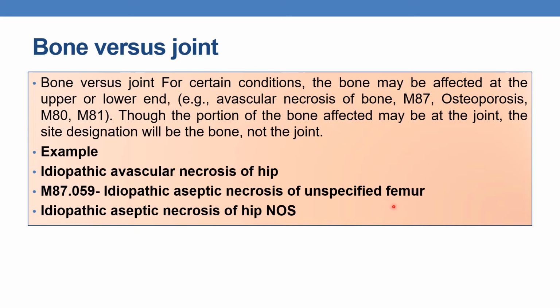Under this code in the tabular section, you will find idiopathic aseptic necrosis of hip NOS. That is, for idiopathic aseptic necrosis of hip, you need to report M87.059, which is nothing but idiopathic aseptic necrosis of unspecified femur.